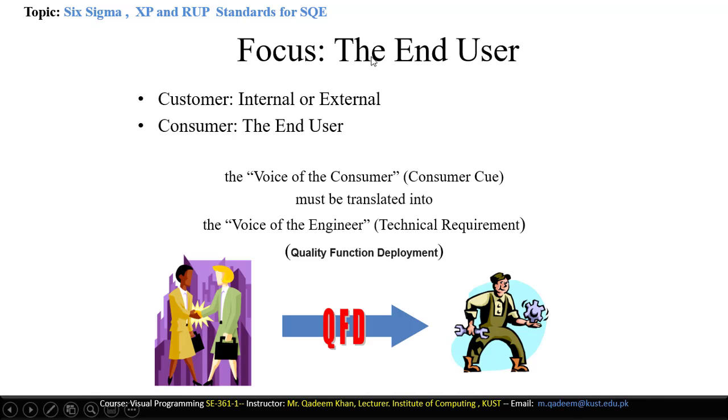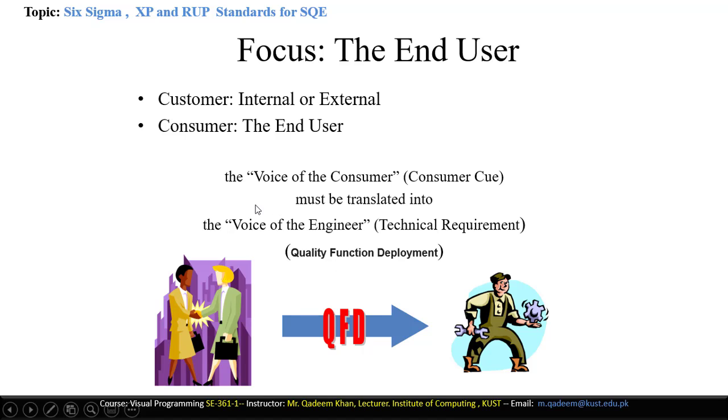Now, focus on the end user. Six Sigma is focusing on the end user. A customer is an internal or external user, while a consumer is the person who is the end user. So Six Sigma says that QFD should be achieved. QFD is quality function deployment.